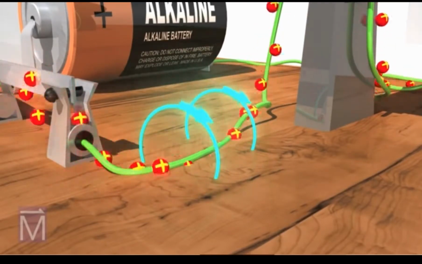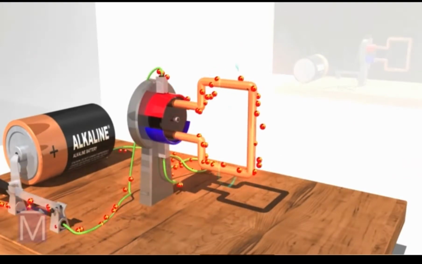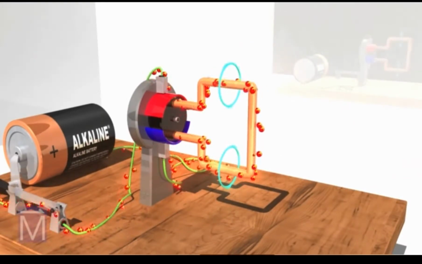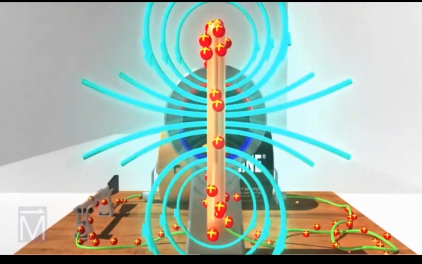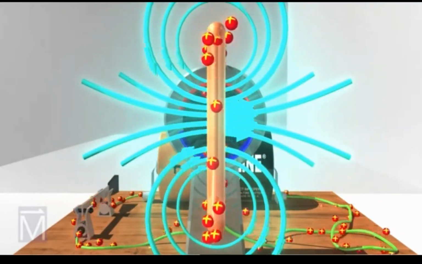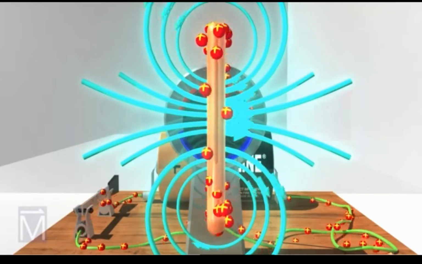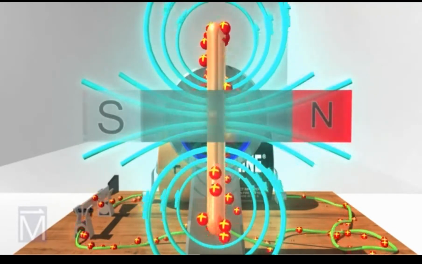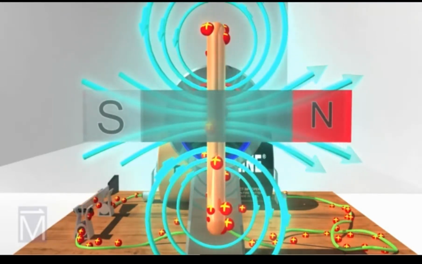Because the copper coil, that is the armature, is part of the circuit, the current also creates a magnetic field around the coil. By passing current through this coil, we've turned it into an electromagnet. As you can see from the way the magnetic field lines in the coil converge, this electromagnet has a north and a south pole, just like a permanent magnet. The electromagnet's field is represented here by a bar magnet.